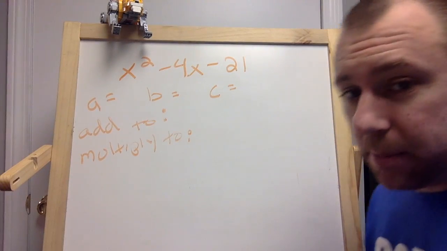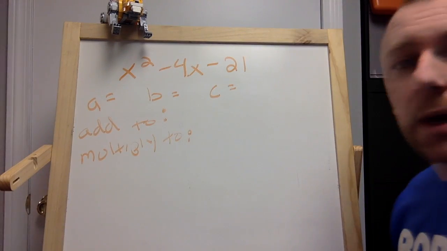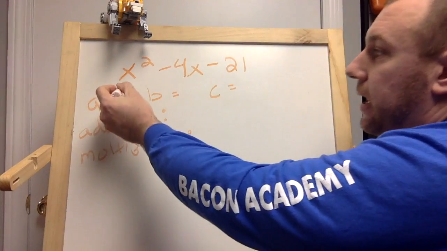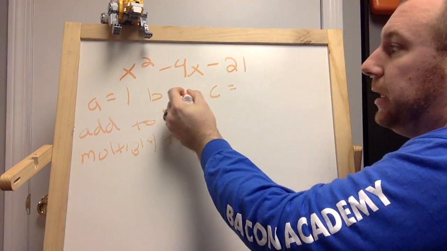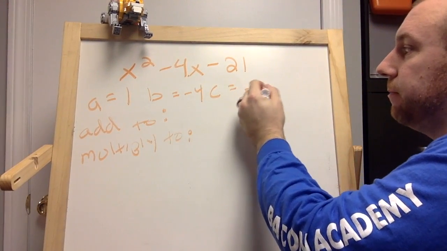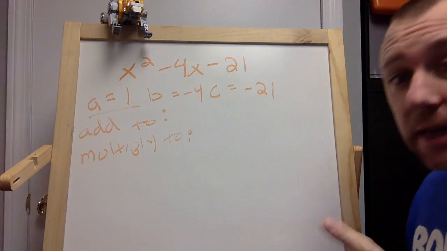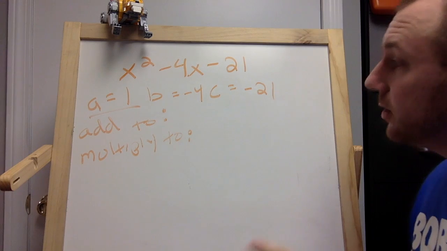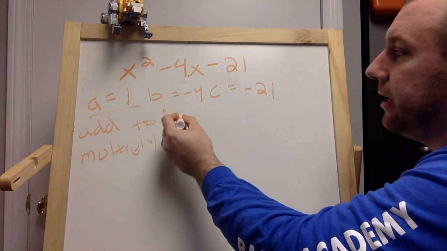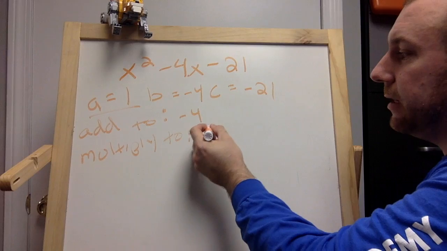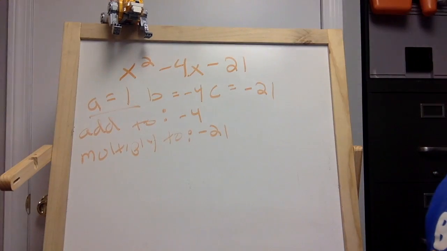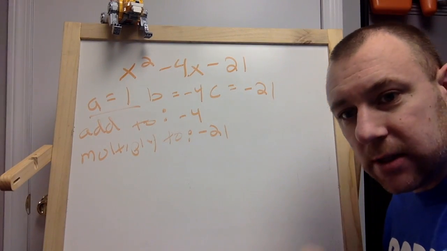In the second example, again, I start off with locating what that a is, b is, and then c. And what I notice is a is 1. That's key in these examples. So I have to add to -4 and then multiply to -21. So the key is watching your signs.